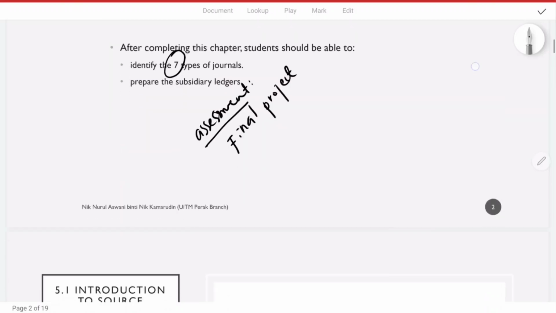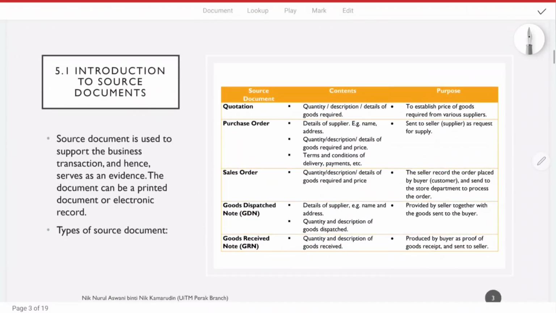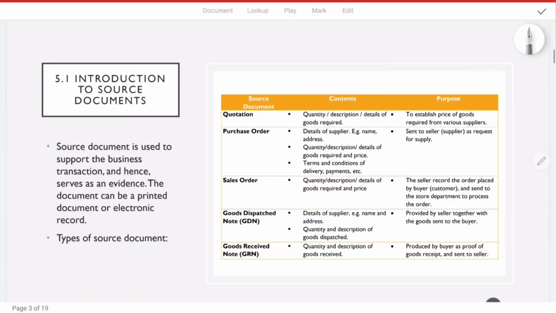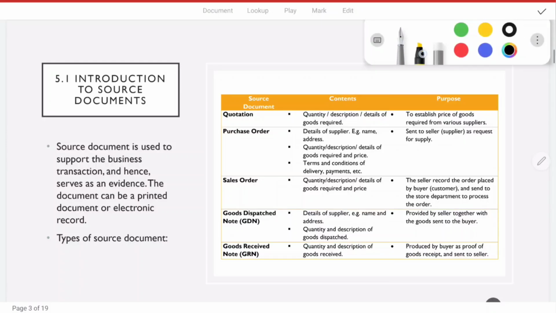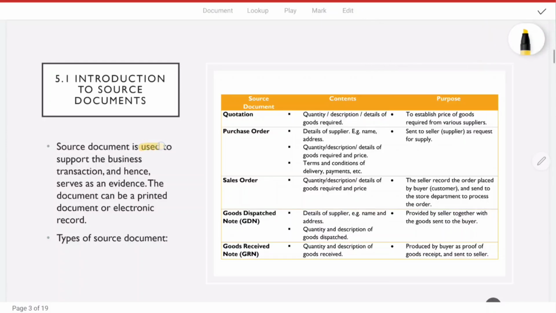All right. So what is a source document? A source document is a document used to support the business transaction. For example, if you sold goods to your customer, of course you are going to issue a receipt for the payment that you receive.